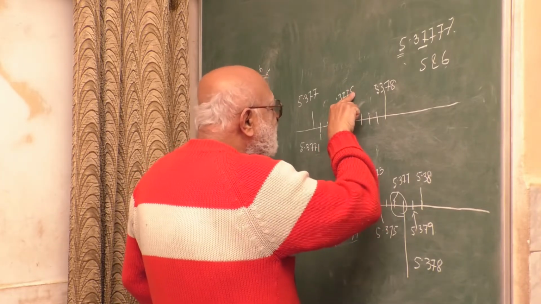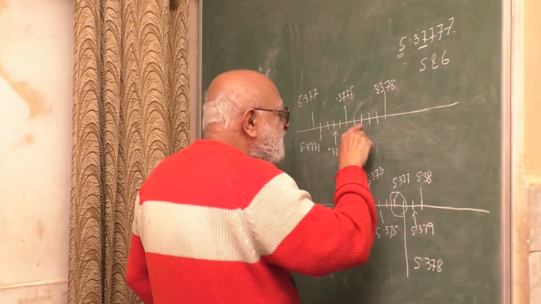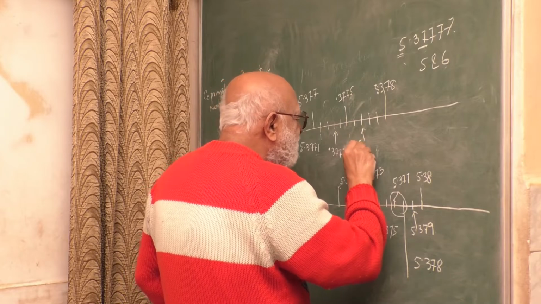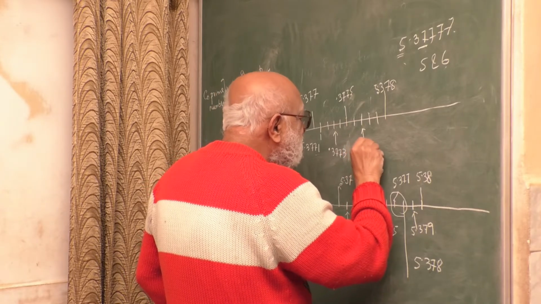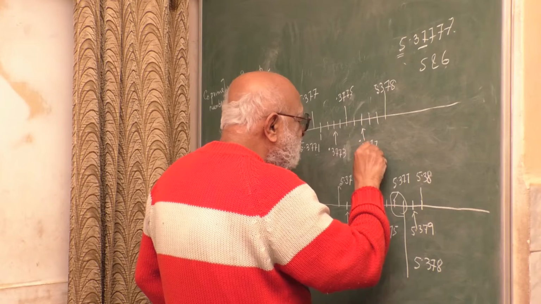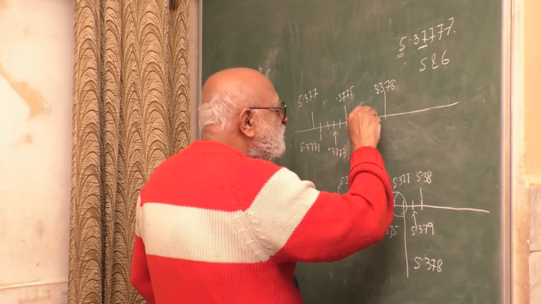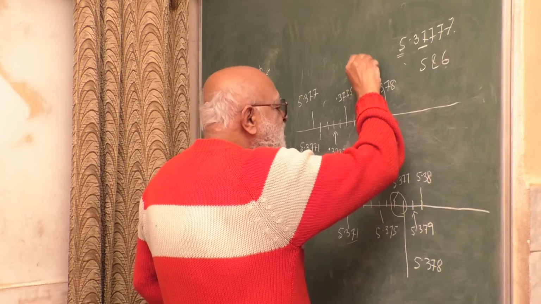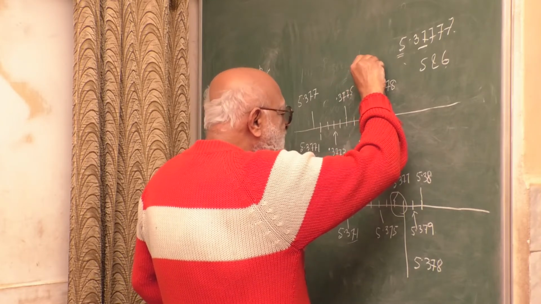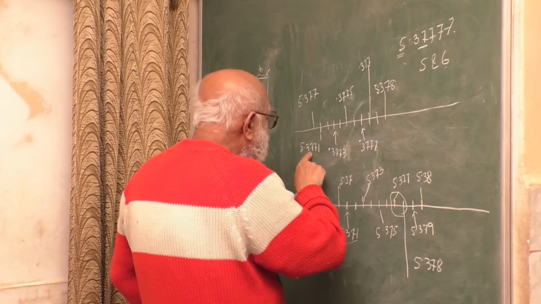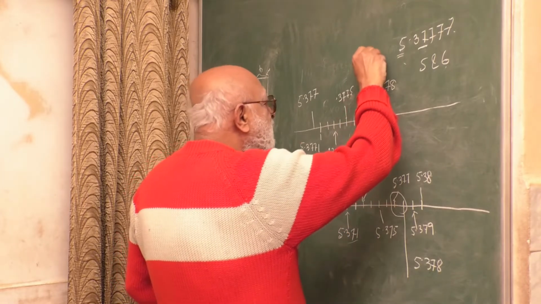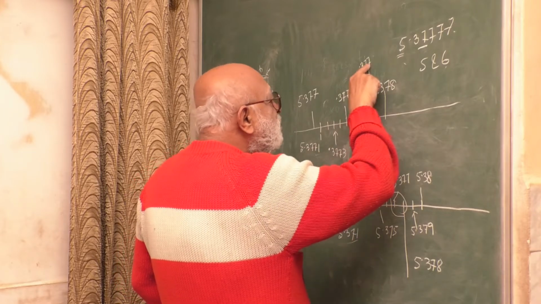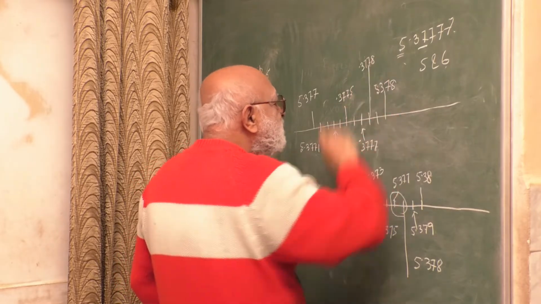I will skip 6 and come to 7: 0.3777. And this one will be 0.3778.